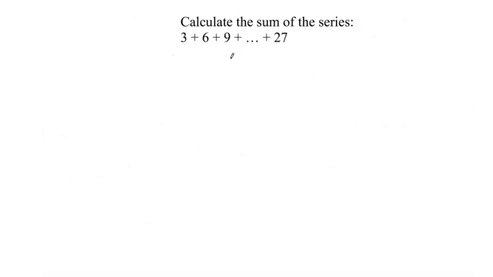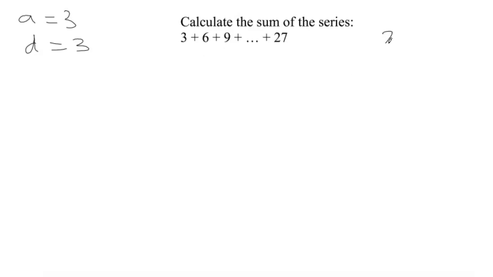So let us calculate the sum of the series 3 plus 6 plus 9 plus all the way until 27. So first, A is equal to 3, obviously because it's the first term. Now the difference is 3 again. And what is the number of terms?